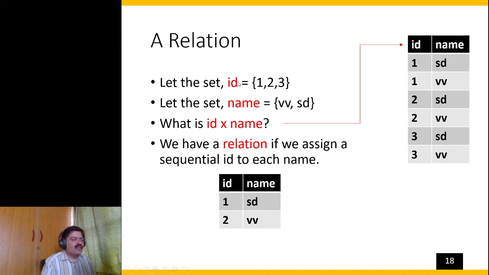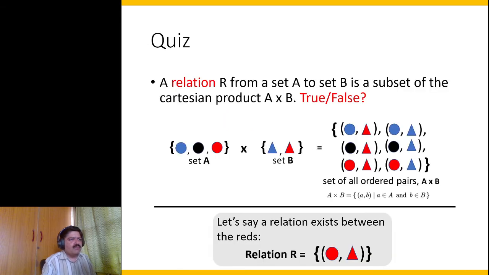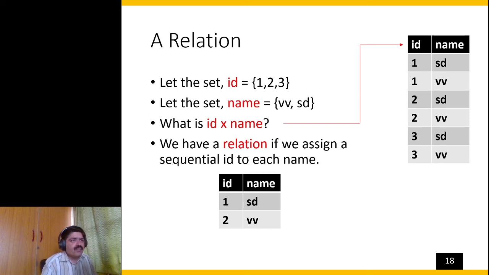So a Cartesian product between ID and name would give you these relations, meaning 1 is associated with SD, 1 is associated with VB, 2 is associated with SD, 2 is associated with VB, and so on. Remember, we are just doing the same thing that we did with the circles and triangles in the earlier slide.